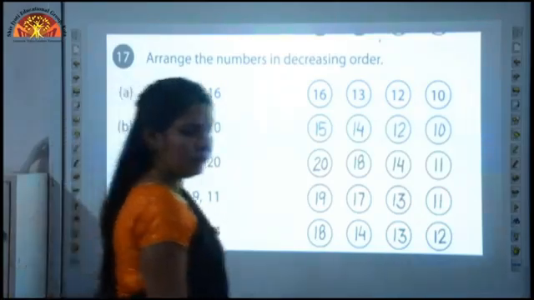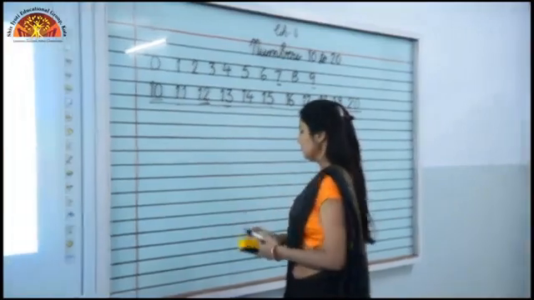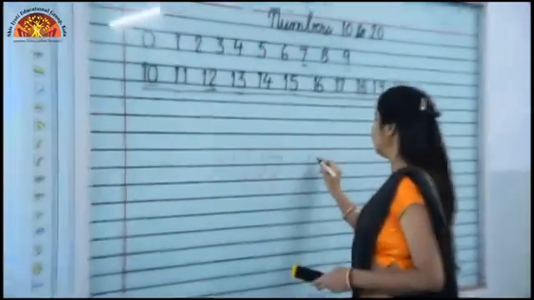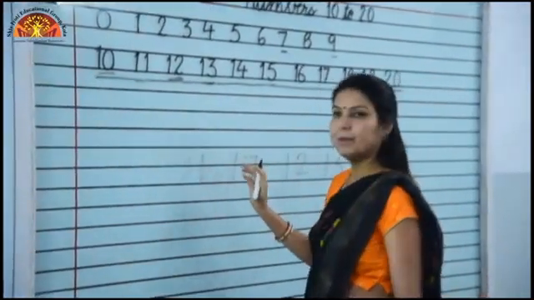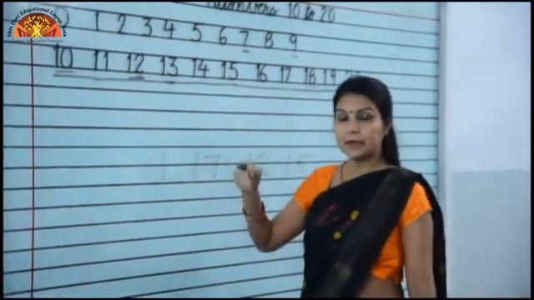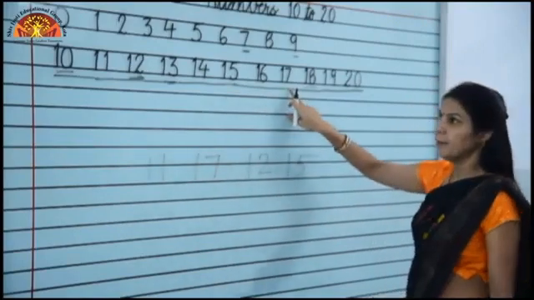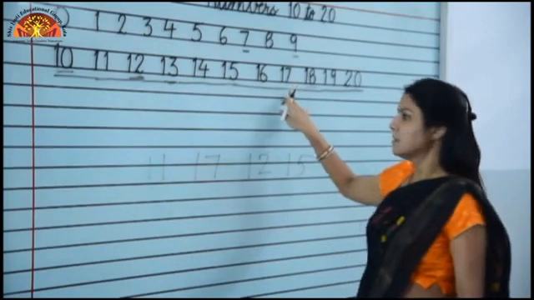Let's see. I'm writing a few numbers again on the board. These are 11, 17, 12 and 15. Now you have to find out the bigger number among all these numbers. The number which is farther from 0, that will be bigger. So you can see in the counting 17 is farther from 0.